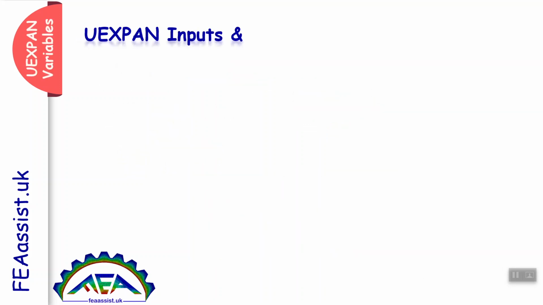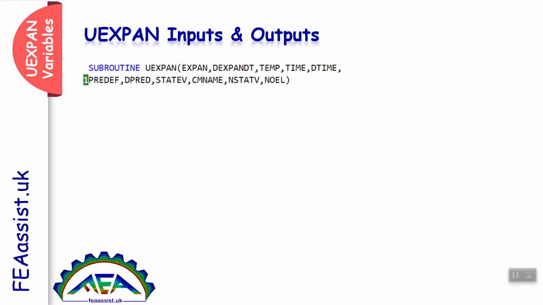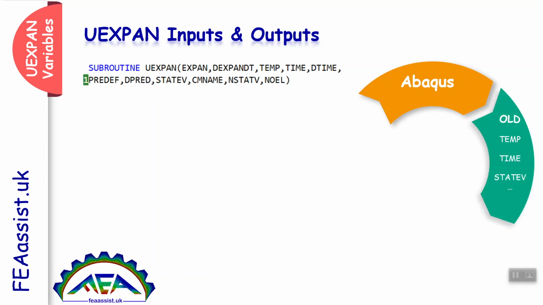U-expand variables. U-expand inputs and outputs. The U-expand subroutine has some inputs and we need to process them and export an output to Abaqus. In other words, Abaqus computes temperature, time, state variables.